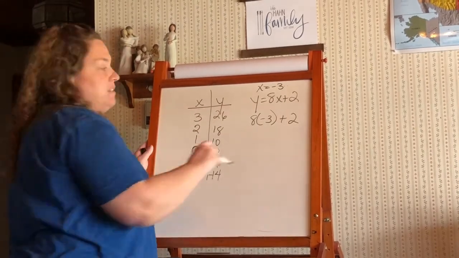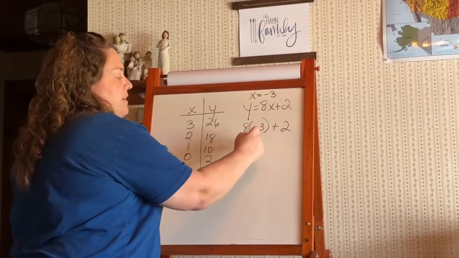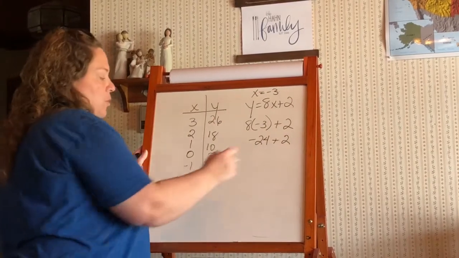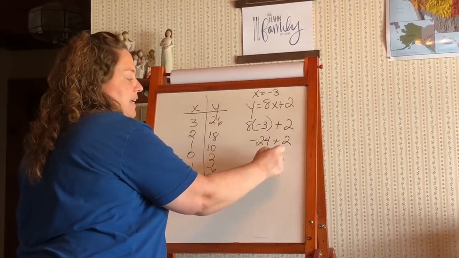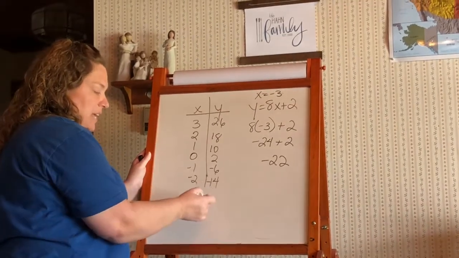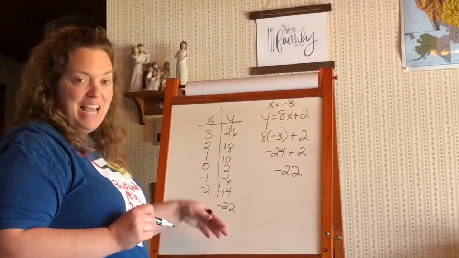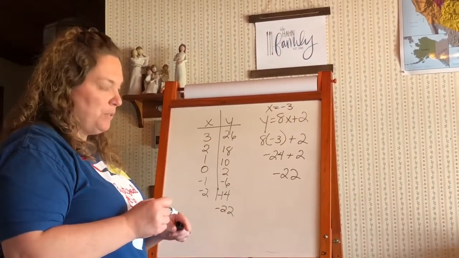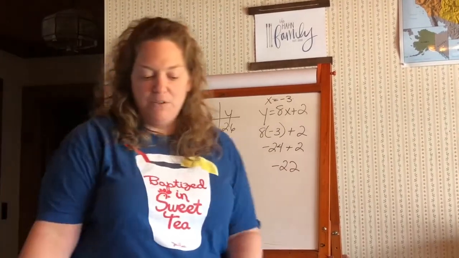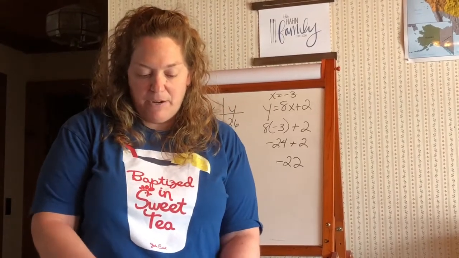Order of operations tells you you multiply these two first, which gives us negative 24 plus 2, which would give us negative 22. Okay? So here we solved for that with our independent and dependent variables.